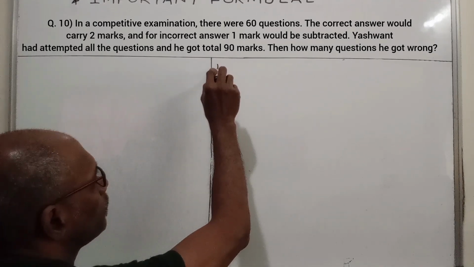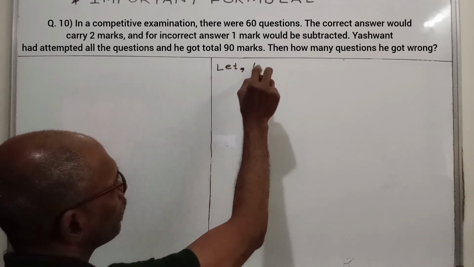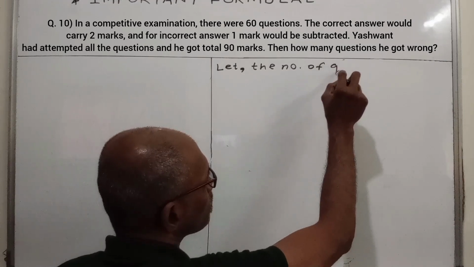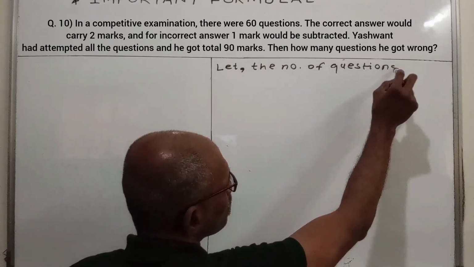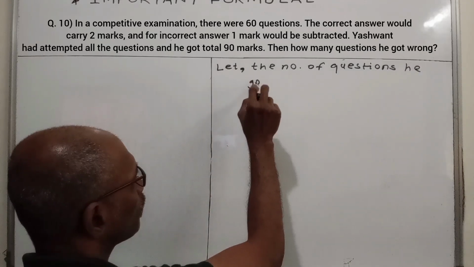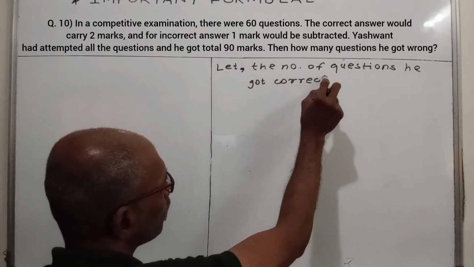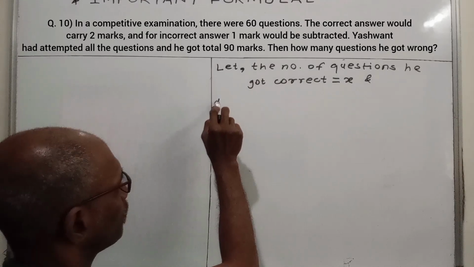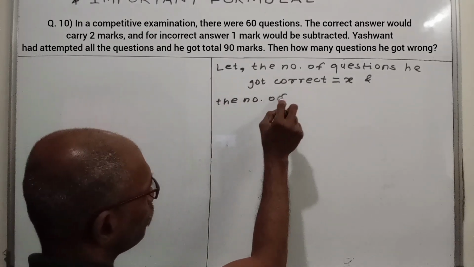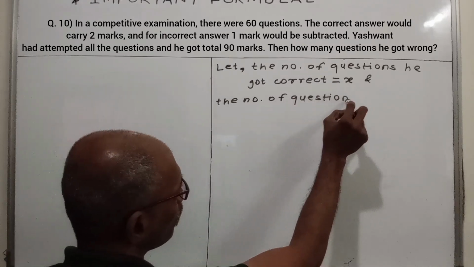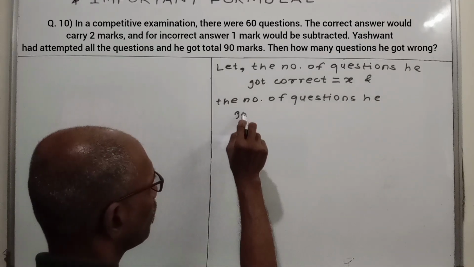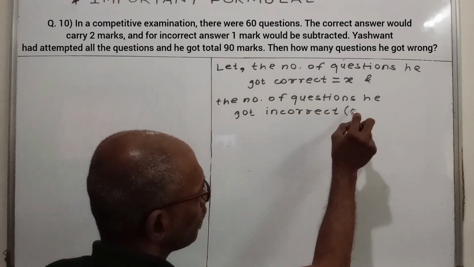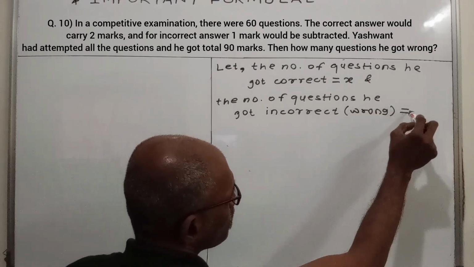Okay. Therefore, first we write: let the number of questions he got correct be x, and the number of questions he got incorrect or wrong be y.